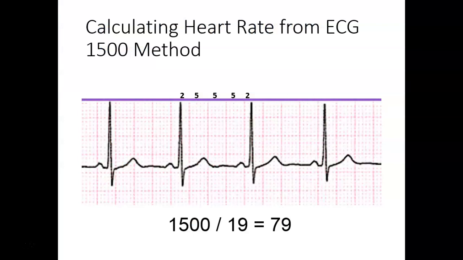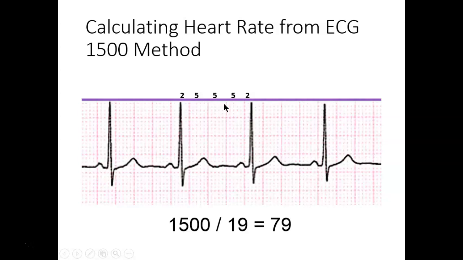So here we have an ECG strip, and we're going to use the 1500 method for this. So I have chosen to use the R. So here we've got an R, here we've got an R. Again, you could use P to P or T to T. I like the R's because it's easy to see. Now remember, each large box has 5 small squares, so we've got 5, 10, 15, and then go back 16, 17, 18, 19.